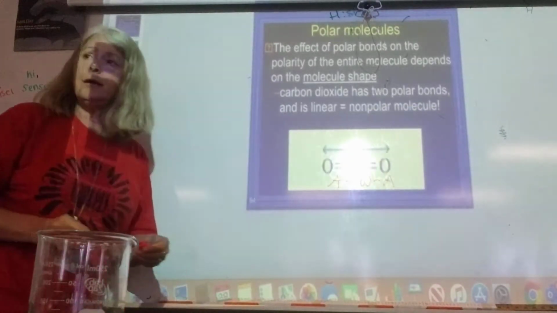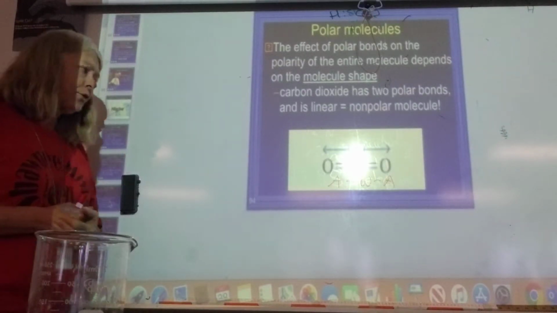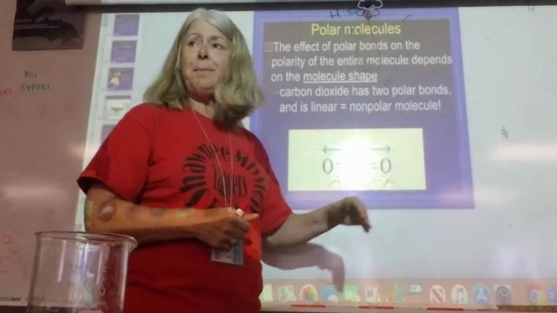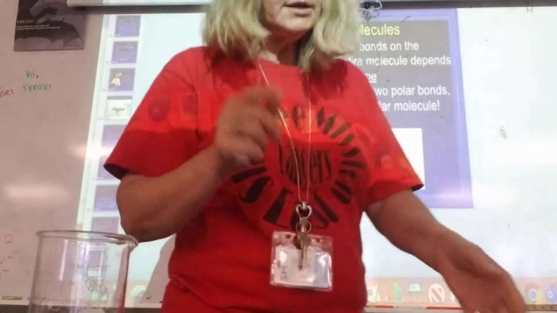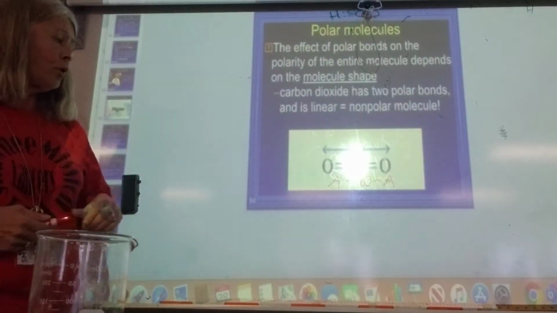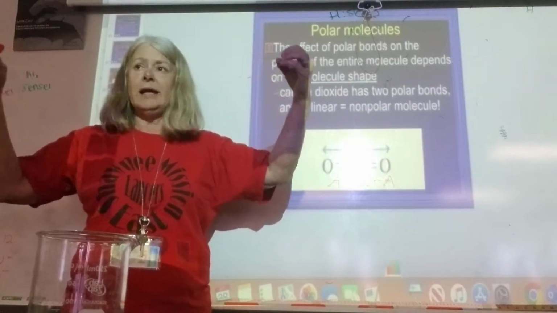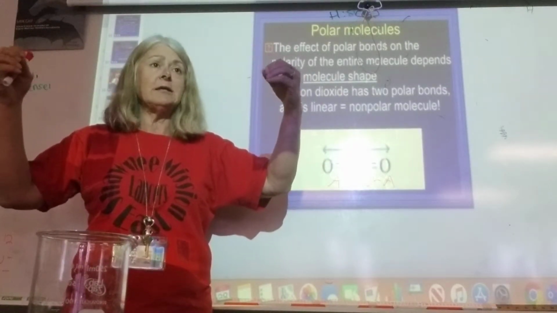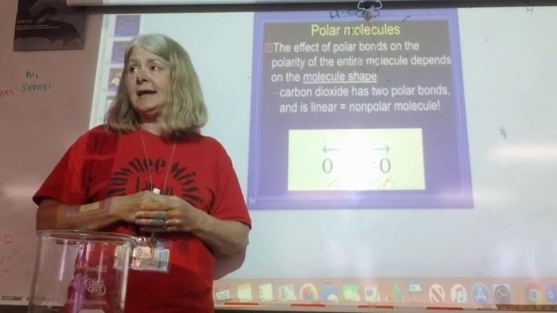Do you agree? So this is a triatomic, 3-atom molecule. What's its shape? It says right there, what is it? Linear. And it's on the side that says nonpolar, because each of these oxygens is pulling with the same electronegativity on that central carbon. Do you agree with that statement?